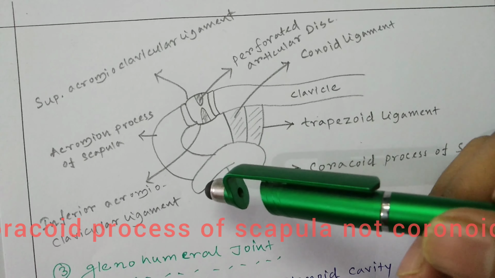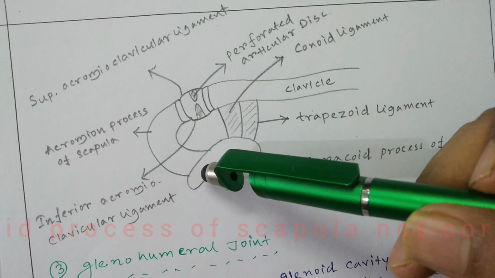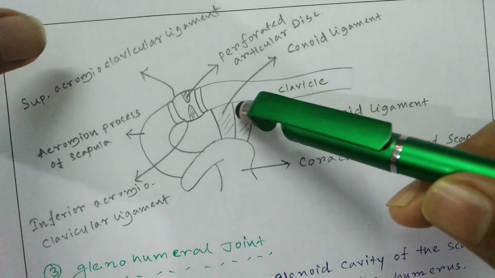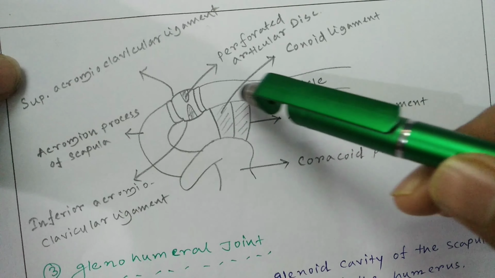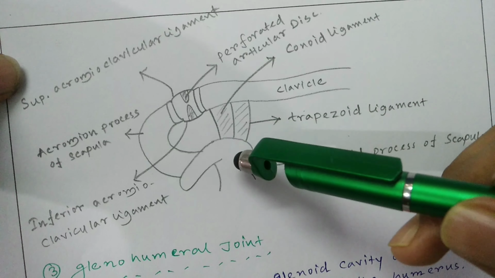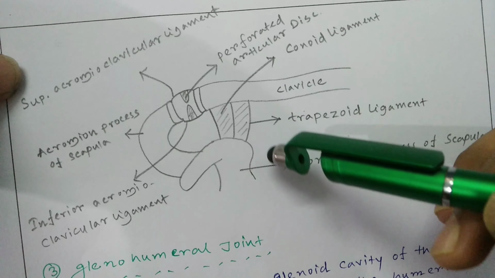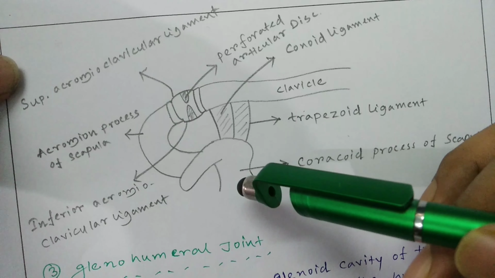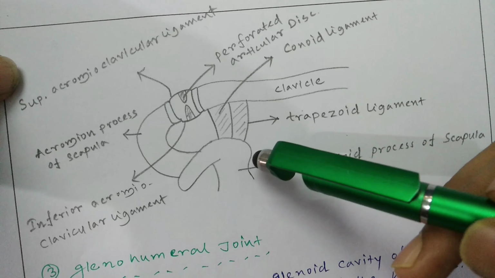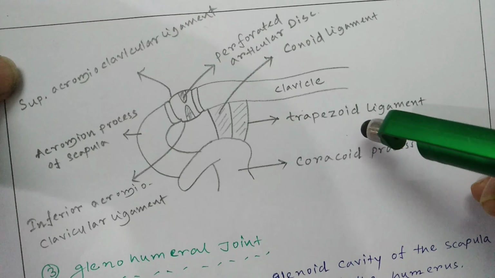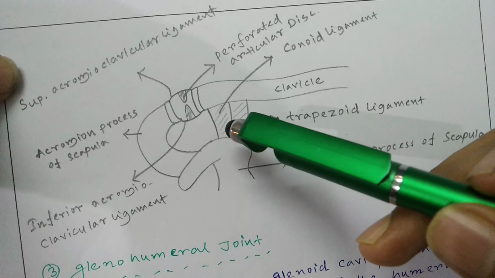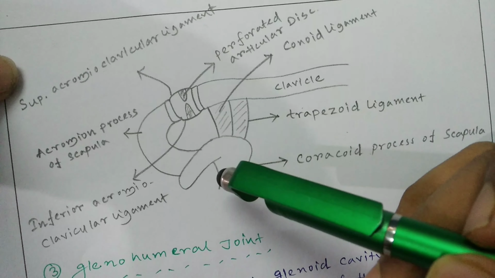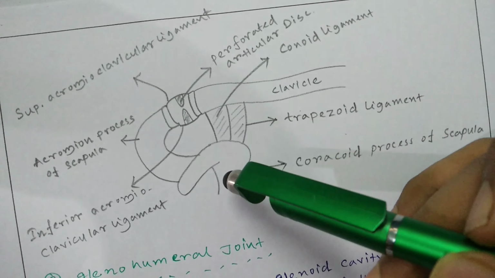That is the coracoid process of the scapula, and that is the acromion process of the scapula. That is the clavicle, and the trapezoid ligament and the conoid ligament attach the clavicle to the coracoid process of the scapula.